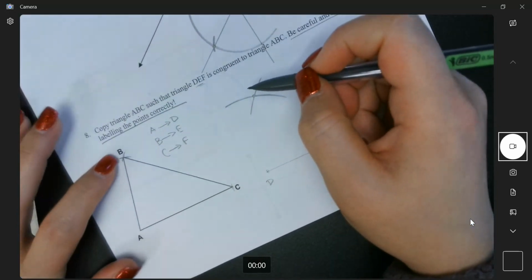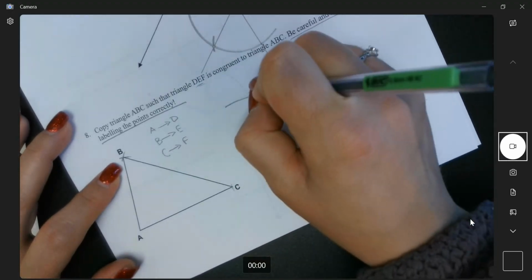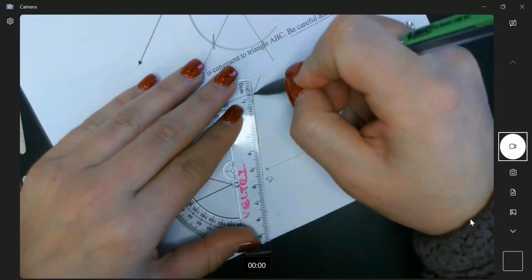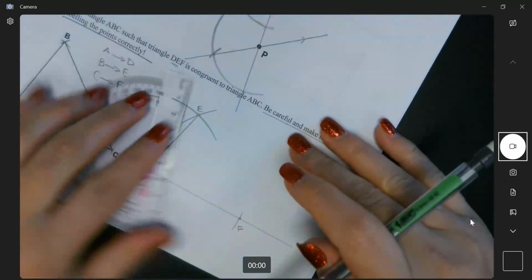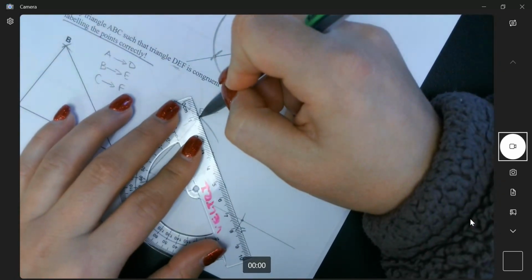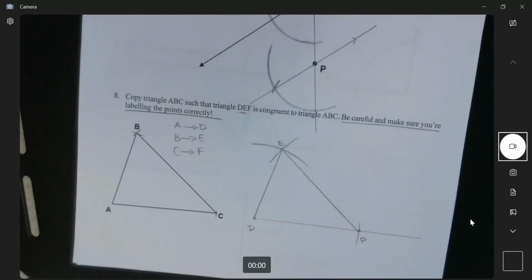And again, if that's B up here, then B maps to E, so this point here should be E. Now I have all 3 points. I just have to connect D and F to point E that we just found, and we'll have the congruent triangle. There you go. There's our congruent triangle DEF.